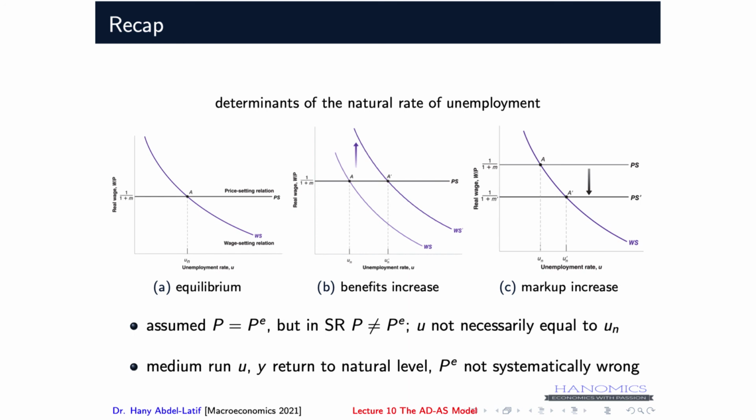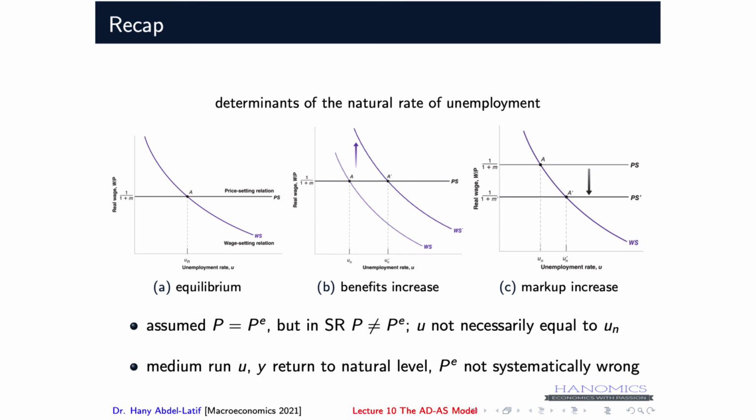And the downward sloping curve here is the wage setting relation. At the intersection point, if the actual price equals the expected price level, the unemployment rate at that point is the natural rate of unemployment. And then from there we discussed what determines the natural rate of unemployment.